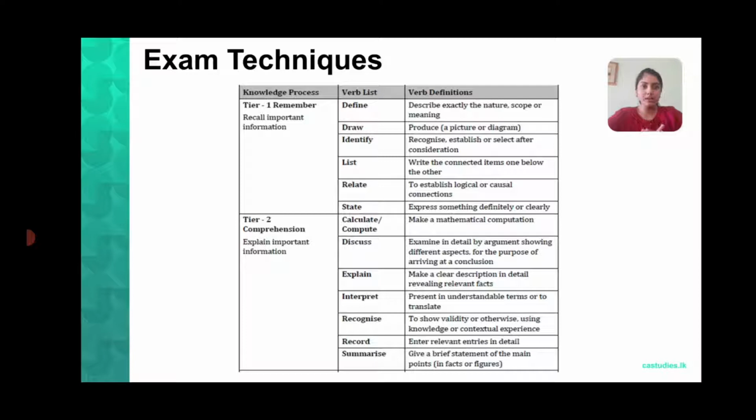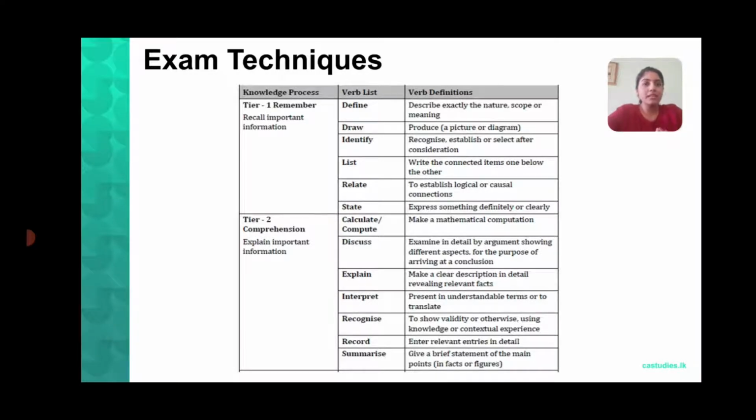No matter what knowledge we have, if we aren't able to present it in the way it is expected, it would be pointless. Okay, so CA Sri Lanka tests your knowledge under 5 to 6 tiers, and here you could see only tier 1 and tier 2.